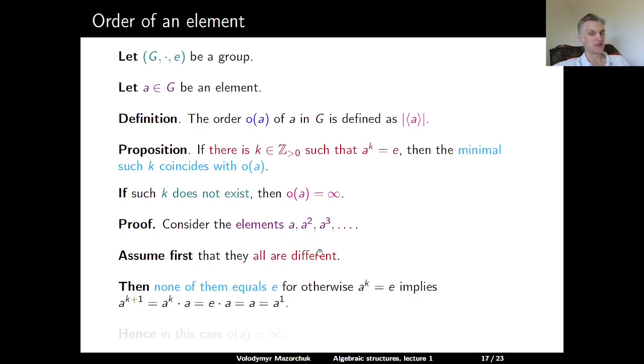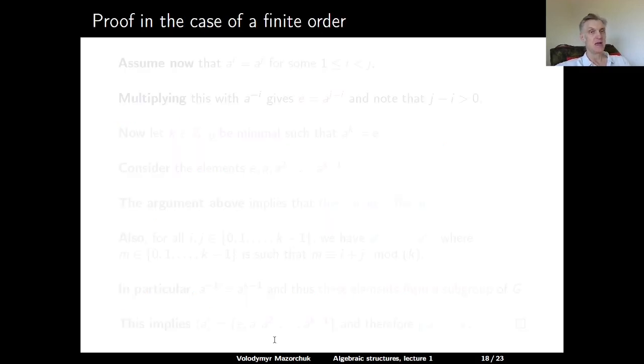So then we have two of these elements coinciding. Therefore, they all are different, none of them is equal to e, and this means that the order of a is infinity.